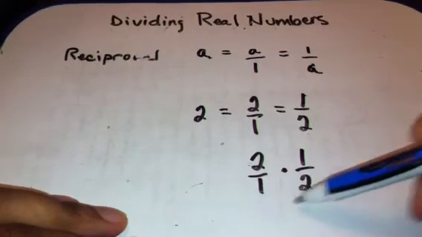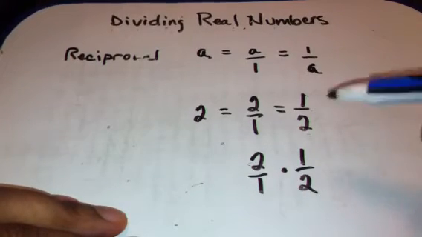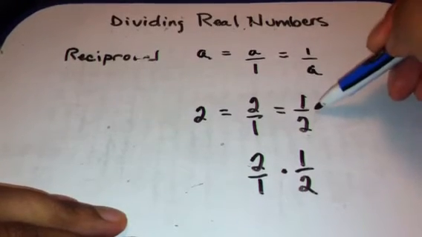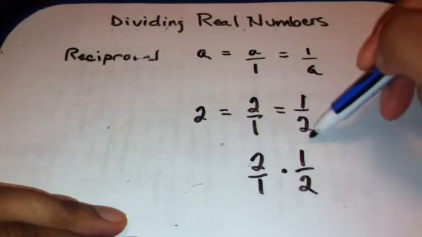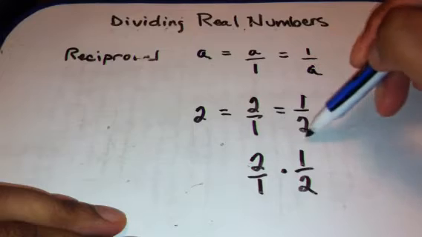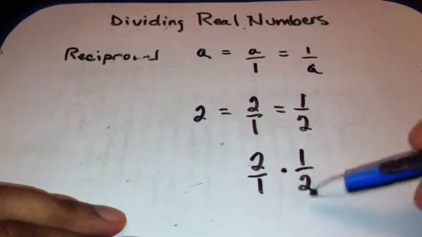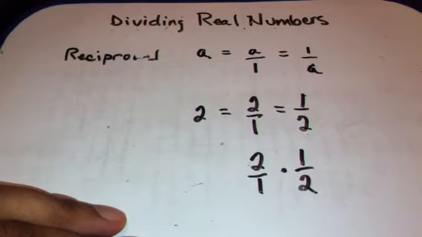You multiply these two separate numbers to find out if they are in fact reciprocals, because up here you decided that 1/2 was the reciprocal of 2 over 1, and you simply check it by multiplying 2 over 1 times 1/2.